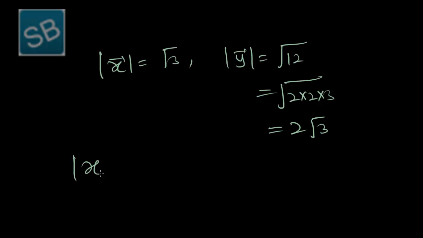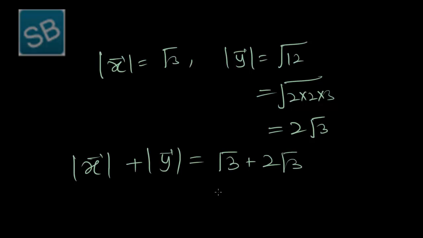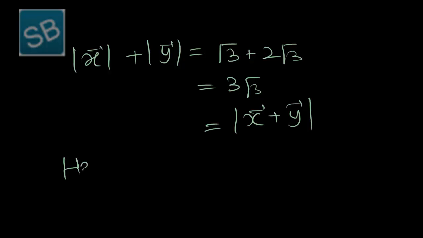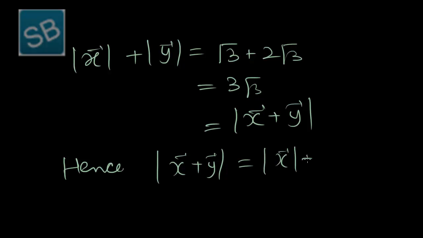Now modulus of x plus modulus of y is under root 3 plus 2 under root 3, that is 3 under root 3, and this is the value of modulus of x plus y. Hence, modulus of x plus y is equal to modulus of x plus modulus of y. That means x and y are collinear and in the same direction.